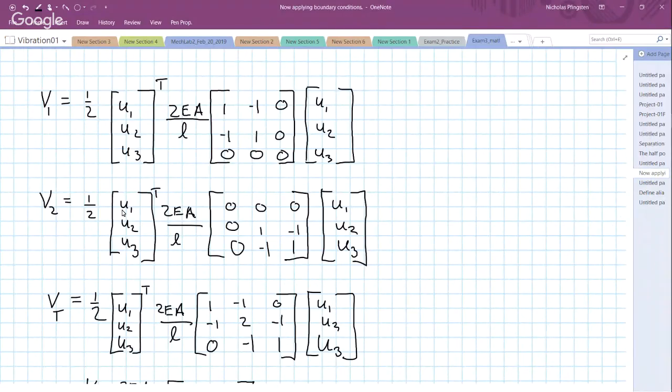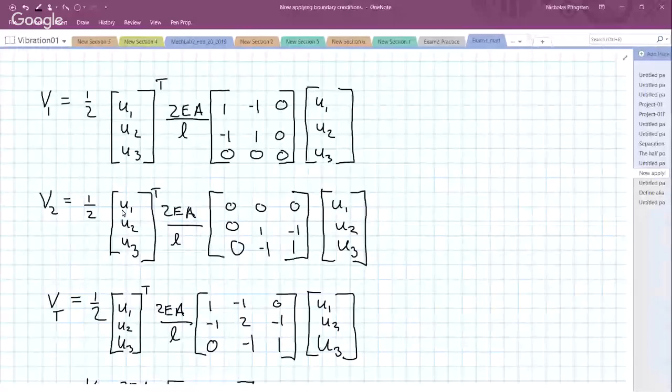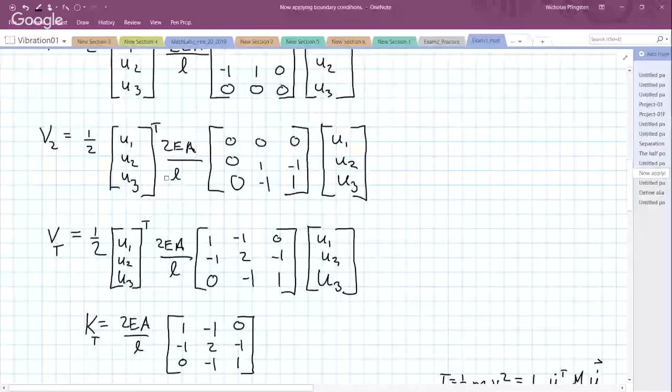It's a little tricky here, but I believe I have it correct. Notice the first thing: when I write out my strain energy for the second element, it really all depends on U2 and U3. If I want to expand that out in terms of U1, U2, U3, then I have to add in U1 with zeros.